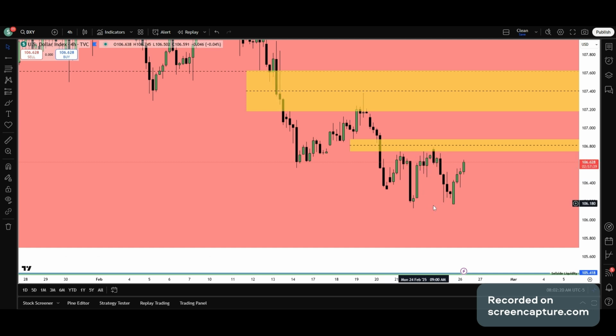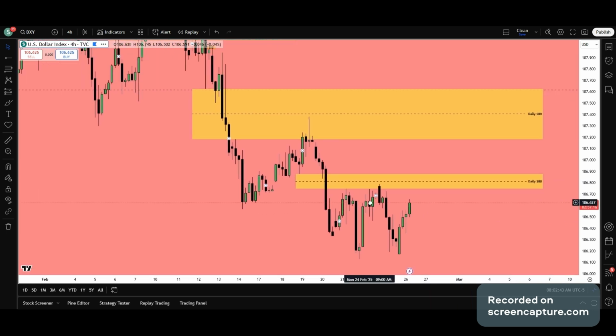And we can see here how we've priced away from, and now we're going back into that daily sell side imbalance, buy side inefficiency, which is this gold rectangle.